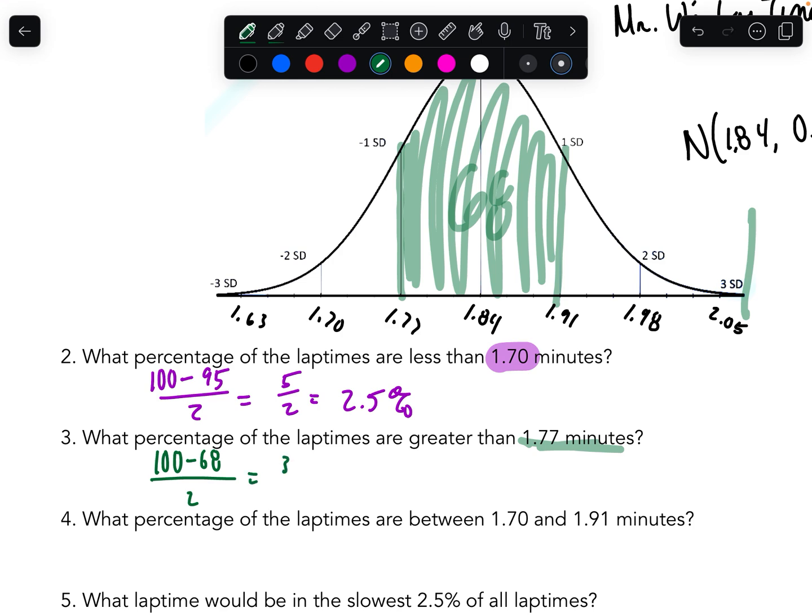So that'd be 32 divided by 2, which is 16, and then plus the 68. So 16 plus 68 is 84. So 84% of the lap times are greater than 1.7, it's not faster.